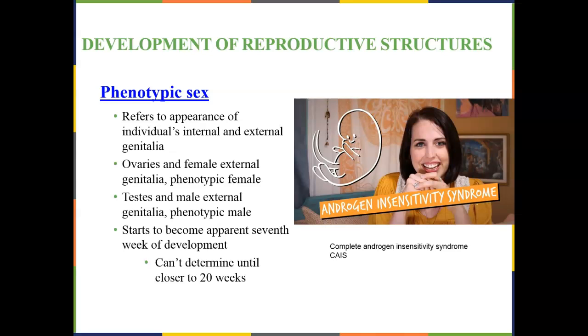Her testes have never descended, so they're still in the pelvic cavity, and they produce testosterone, but because she is insensitive to the testosterone, a process called aromatization occurs where the testosterone is converted to estrogens, which produces all the female phenotypic structures that we see.